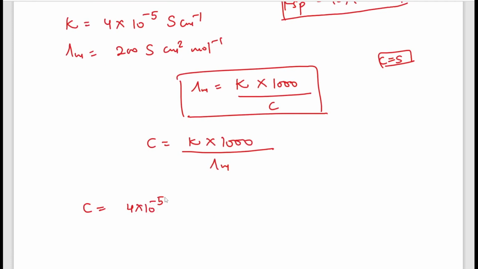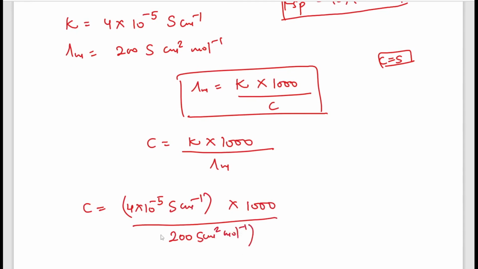Now fill the values. Siemens will cancel out each other, and this is volume, centimeter cube per liter.